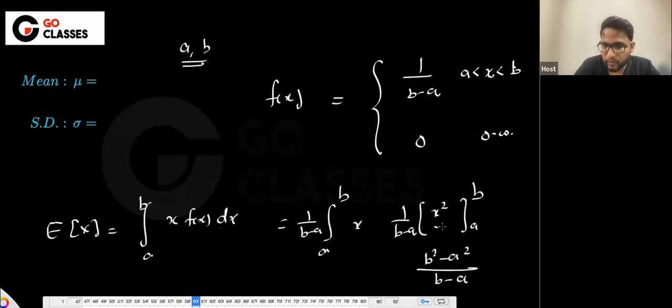Yeah, x square by 2. So it will be A plus B by 2. You can calculate the mean; it will come out to be A plus B by 2.